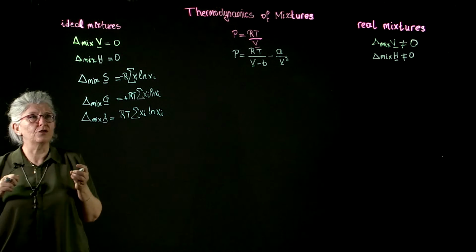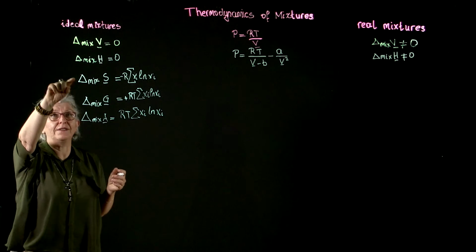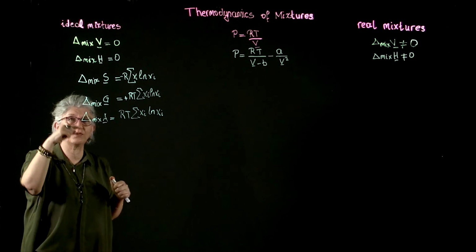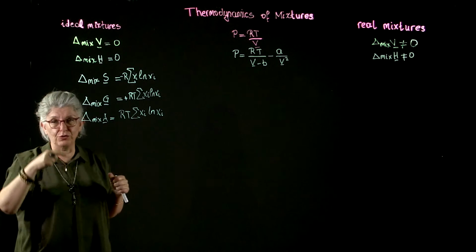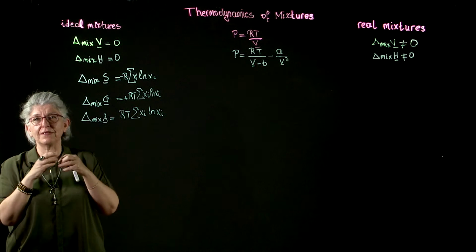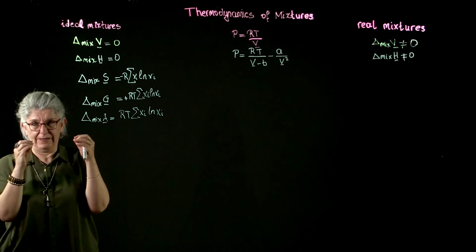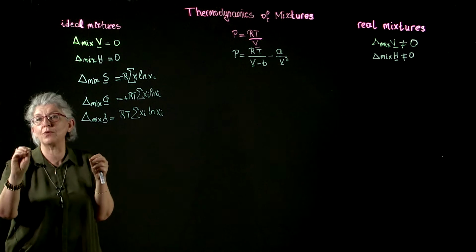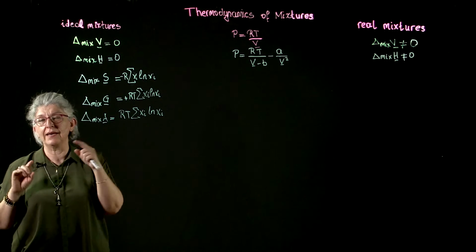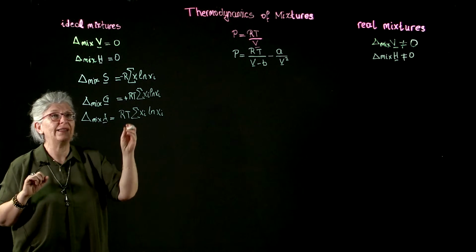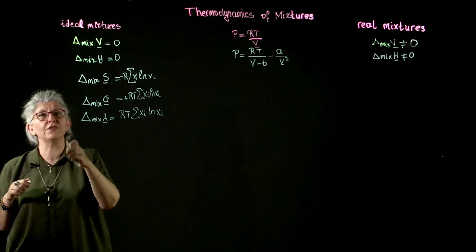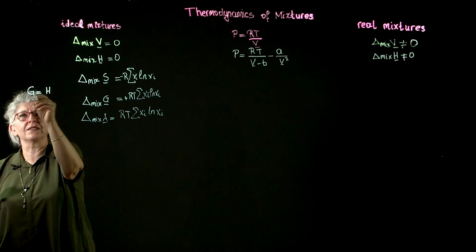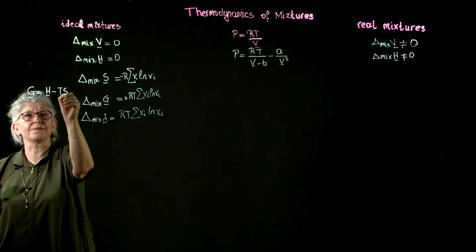All right? So even when we have ideal gases mixing together, we're going to have an entropy change due to the fact that now, instead of pure components, we have mixtures, and the probability of finding one molecule in any coordinate is no longer 1 and is proportional to the concentration. And that is reflected, of course, through the definition of Gibbs free energy, which is H minus TS.